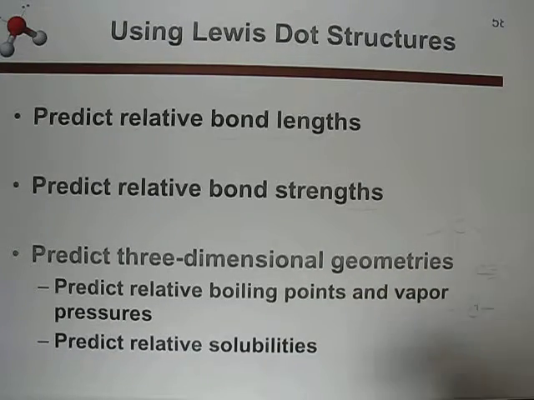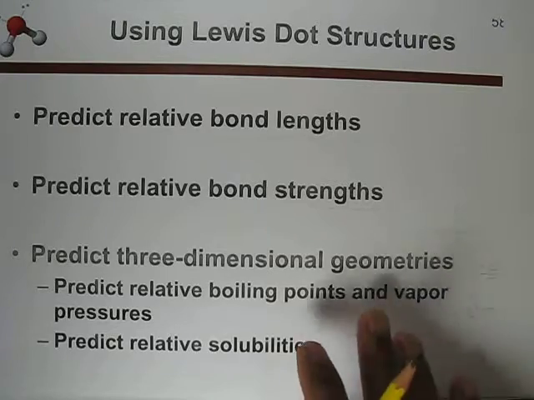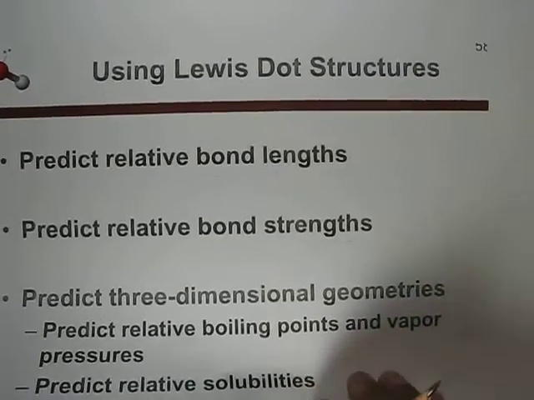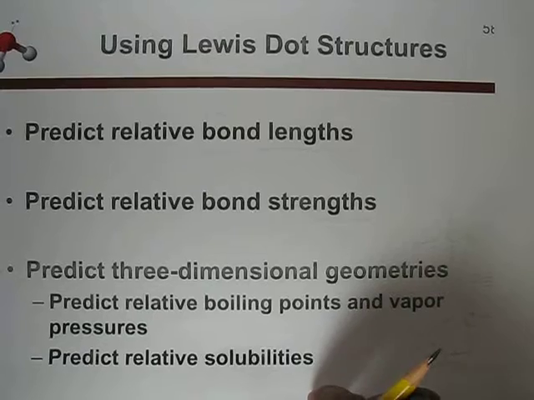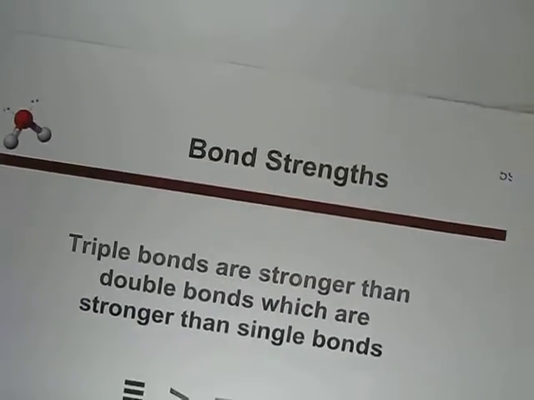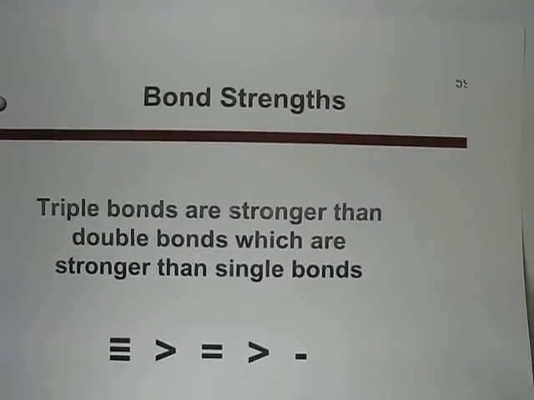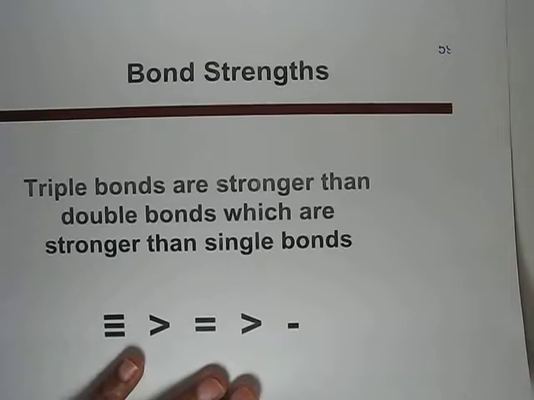So these are some applications of the Lewis dot structure which can be very beneficial. Let's see one example first about the bond strength and bond length.